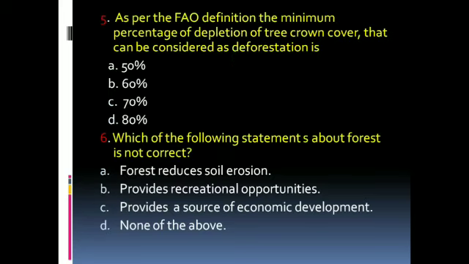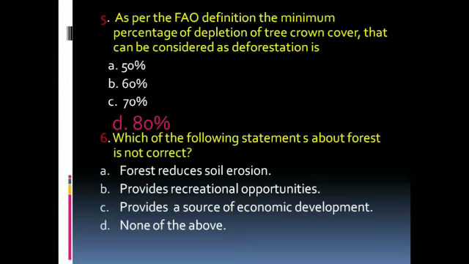As per the FAO definition, the minimum percentage of depletion of trees or tree crown cover that can be considered as deforestation is, of course, 80%. If 80% of the forest cover is depleted, then we take it as deforestation.